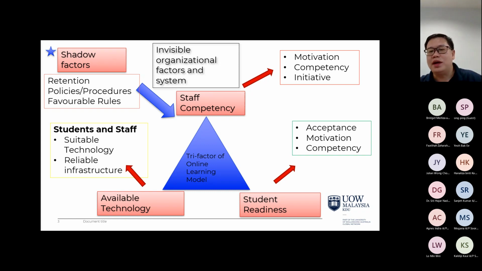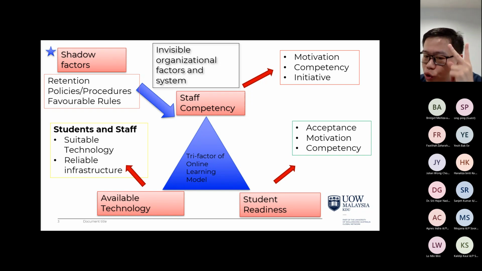So if you all remember when the MCO started, students' readiness was very poor. Why? Because a lot of information coming out was a little bit confusing. We don't blame the sender of the message during that time because there was a lot of uncertainty. The government said 2 weeks, then another 2 weeks, then another 2 weeks, and it subsequently went on.